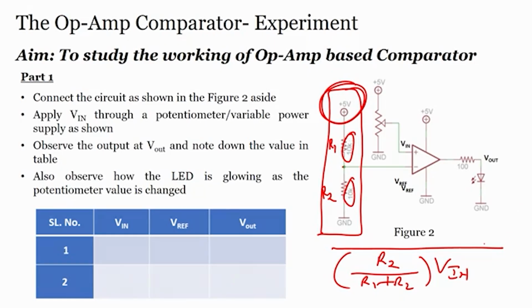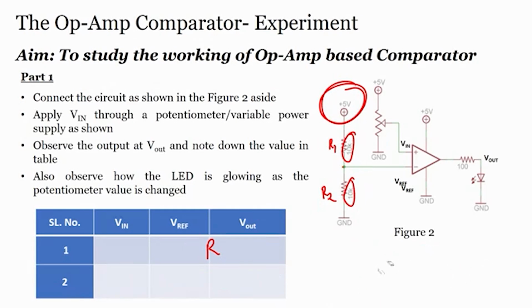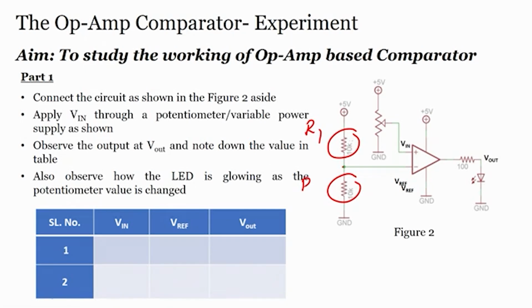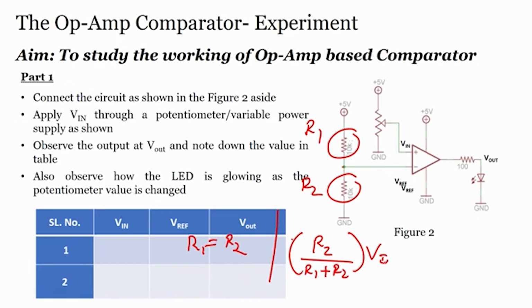So, your R2 divided by R1 plus R2, if all the values are the same, R1 equals R2, right. For this case, let us write here, an easy way of understanding. We have this R1, we have this R2. In this case when R1 equals R2, our formula was R2 upon R1 plus R2 into V in, right.